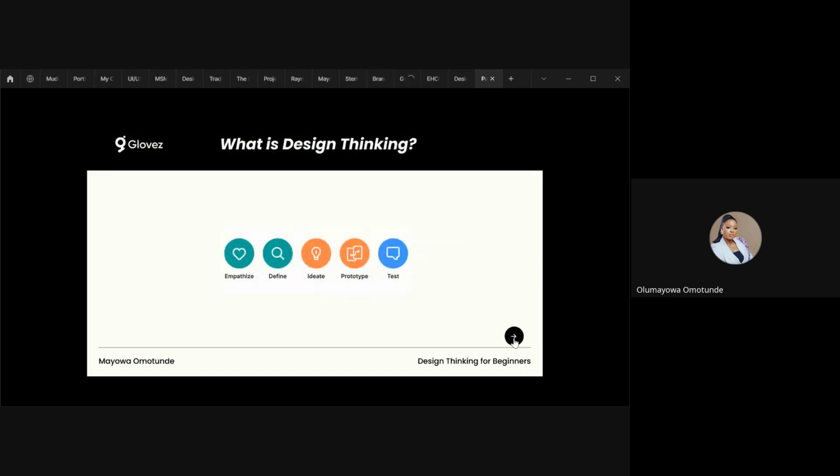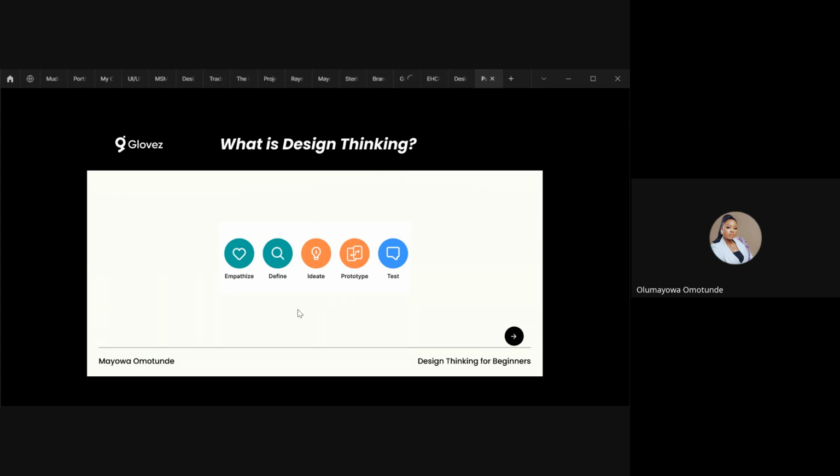So moving on, what is design thinking? I'll refer to the design thinking process as a human-centered approach to problem solving. The key here is human-centered because it's centered around the users. Going back to our challenge, the problem we are addressing is centered around the users.